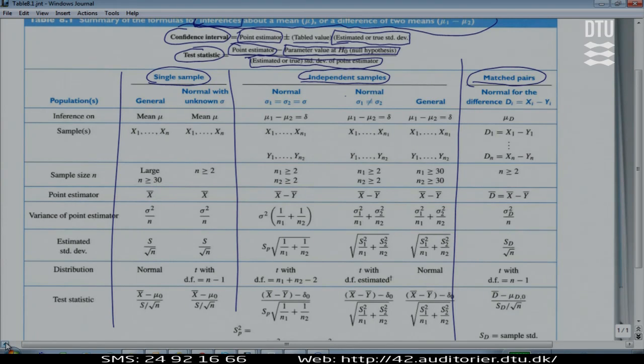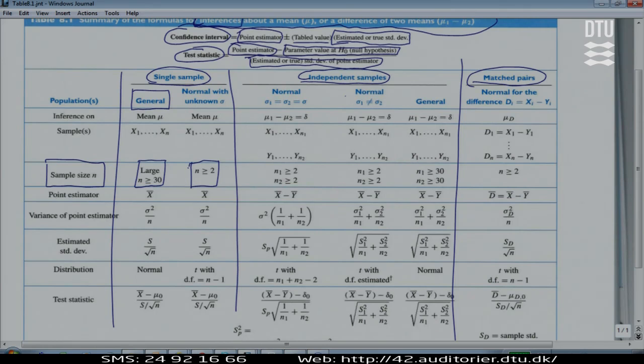In the single sample, we were either in what was termed the general situation. That actually refers to the sample size that we are assuming here. We assume here a large sample size. Or you could say the other situation, we do not assume a large sample size. N could be anything from 2 and up. 1 doesn't really make much sense.